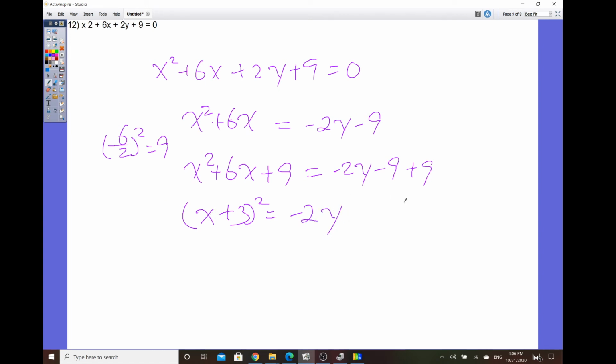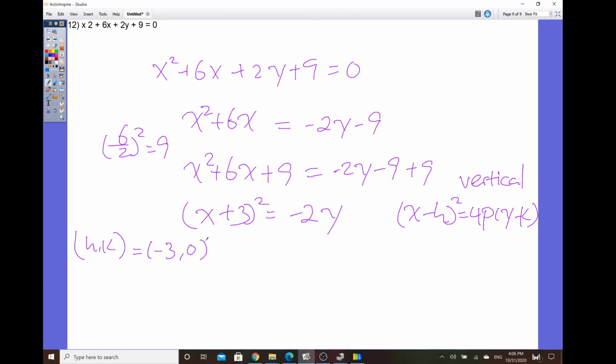Now compared to the original form, x minus h quantity squared equals 4p times y minus k. Definitely this is a vertical parabola because it's x squared. Identifying h comma k, we have negative 3 comma 0. This can be written as x plus 3 quantity squared equals negative 2 times y minus 0.